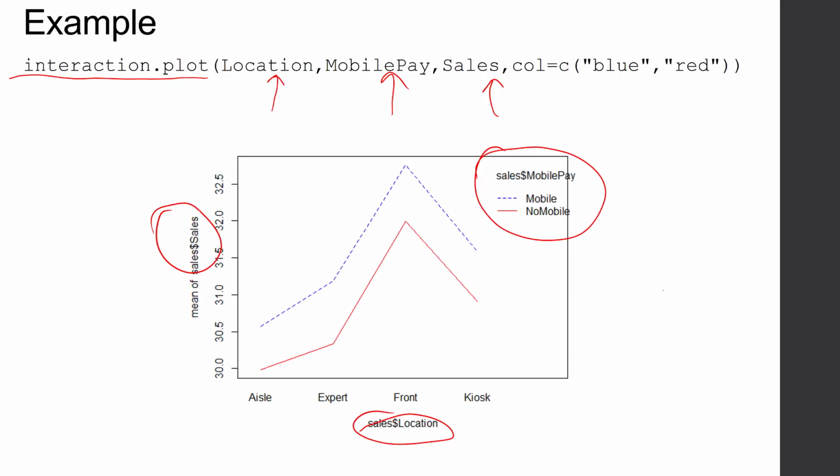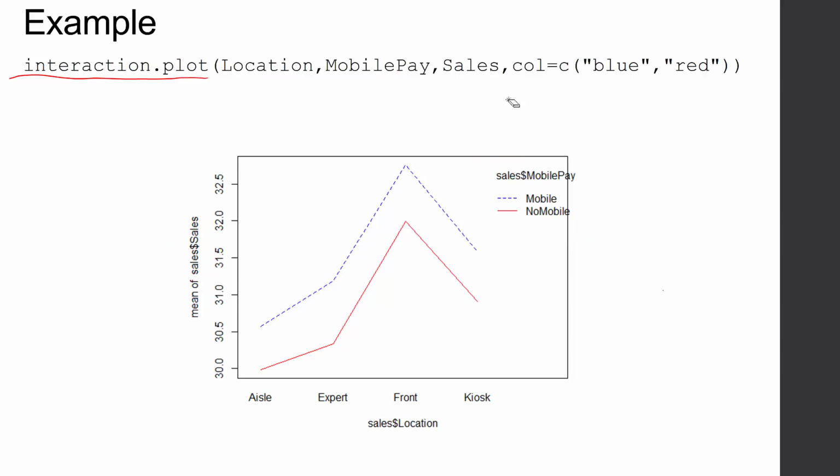So sales goes on the y-axis, it goes third in the interaction.plot call, and then location and mobile pay are your 2 predictors. I typically do the separate lines for the one with fewer categories, so mobile pay only has 2, so I chose that as my separate lines. Location has 4 different categories, so I chose that as my x-axis variable.